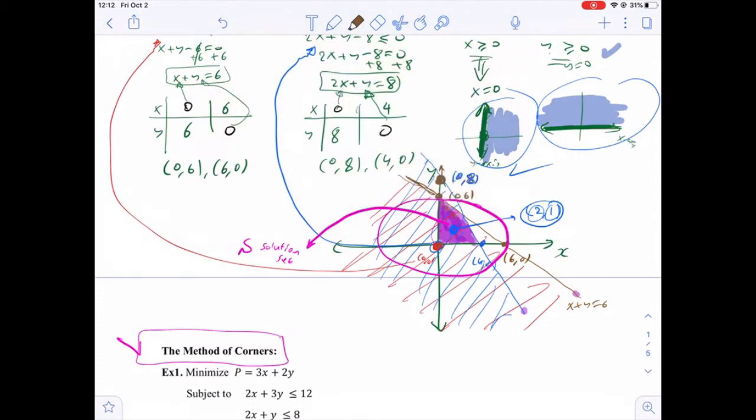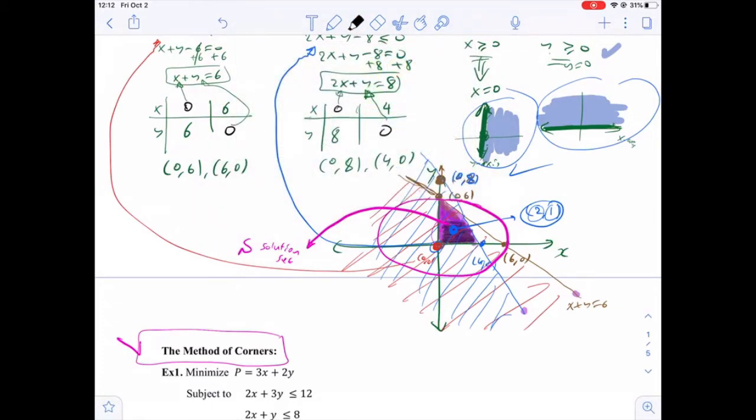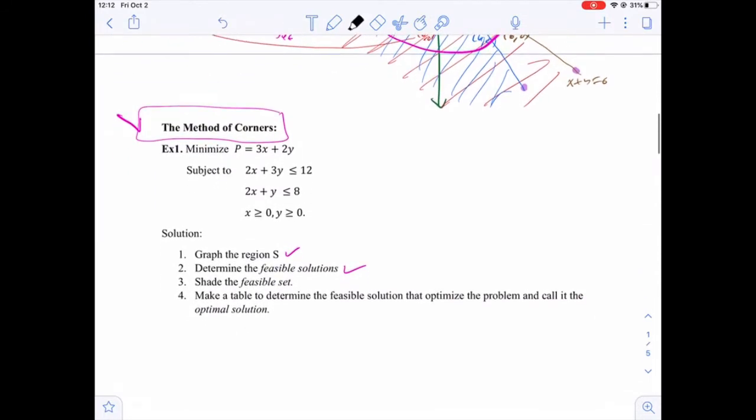Let me reshade it again. This region is called the feasible set, and then we make a table to determine the feasible solution that optimizes, here minimizes, the objective function, and we call it the optimal solution.